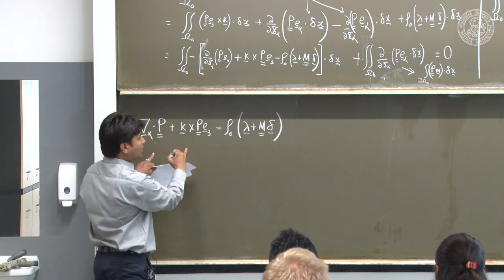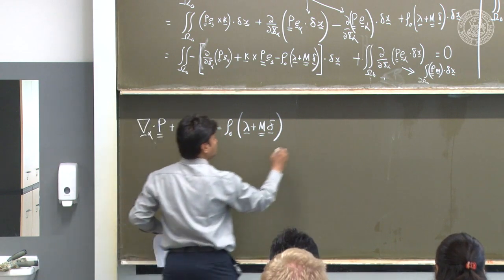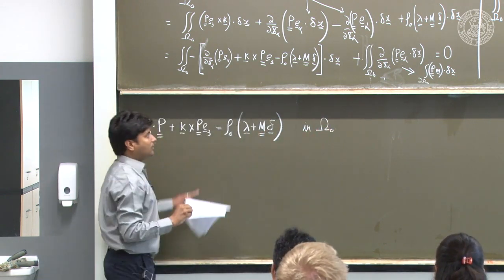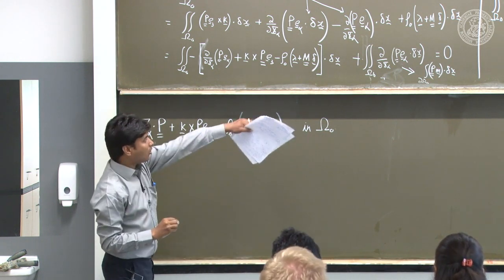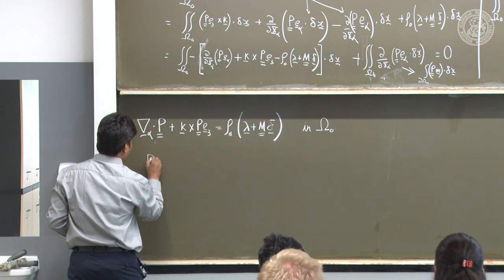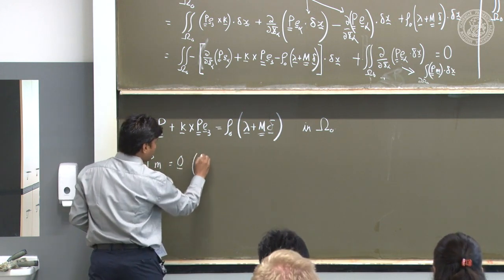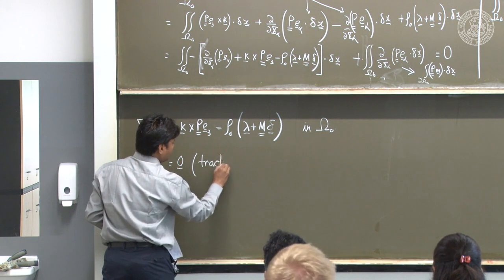So, that is your Euler-Lagrange equation. So, this holds in omega naught, and this is subject to that boundary condition P m equal to 0. So, that is your traction free boundary condition.